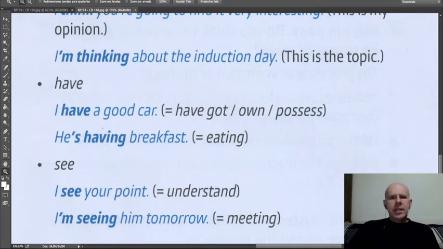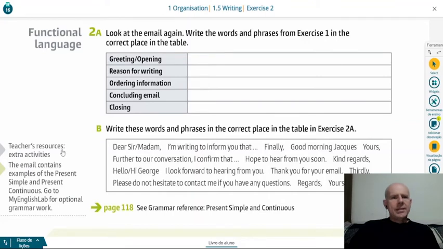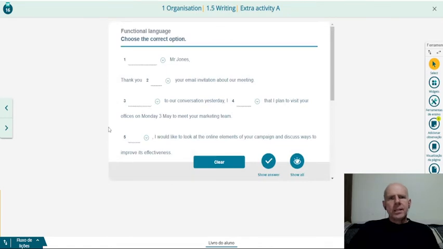Okay. So let's go back to the book. And we have this extra activity on the use of these structures here, these phrases. Let's take a look. Well, let's choose the correct option for these places here. I'm going to show you, and you're going to try. And then I'm going to tell you which one is the correct one.